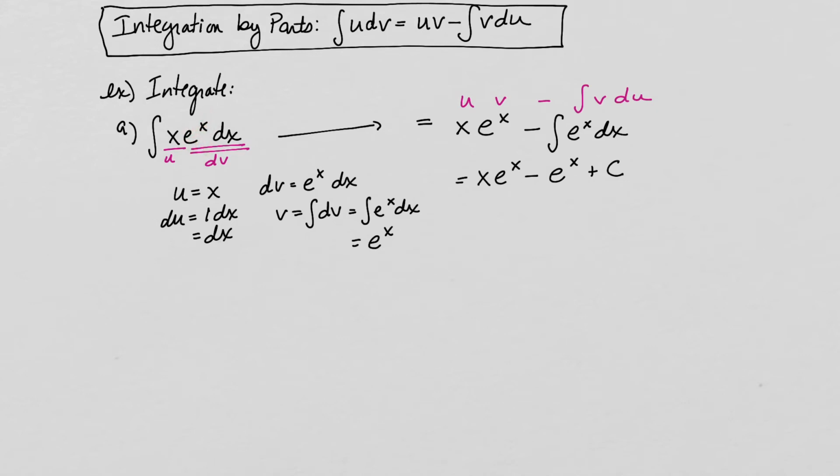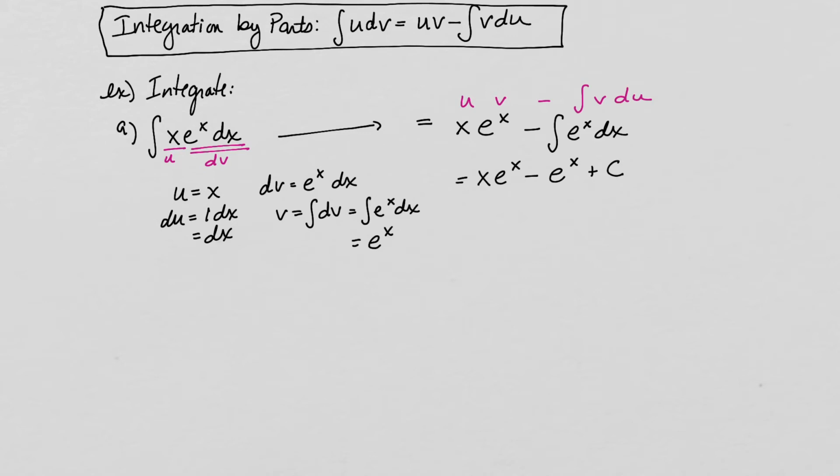But if I picked e to the x as u, when I did dv, I had an x, and then I would end up getting an x squared, so it's almost like I'm making my problem worse. So you're looking for something that's easy to take the derivative of, so in this case x, and something that's easy to integrate. So e to the x dx is why I picked it, because I know how to integrate e to the x dx. It's just the same thing.